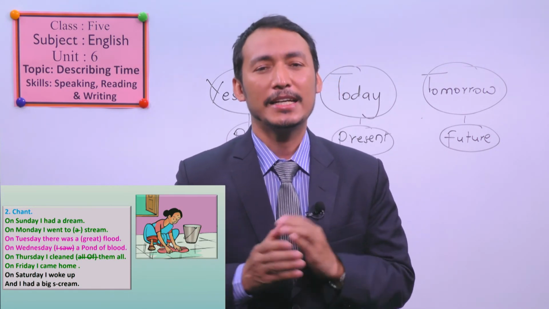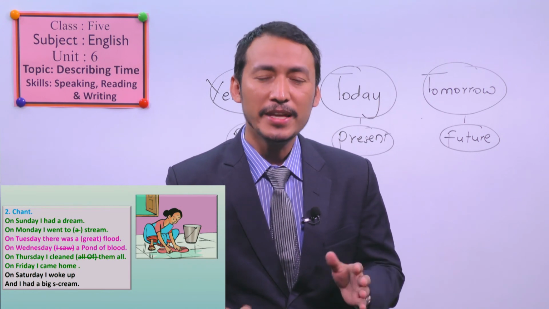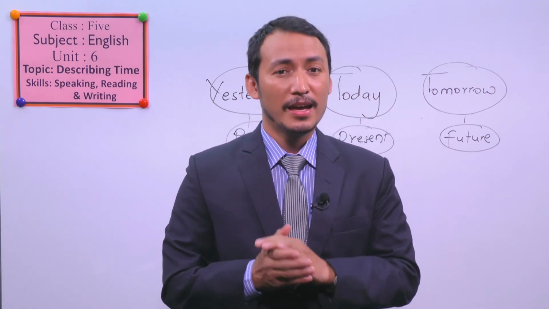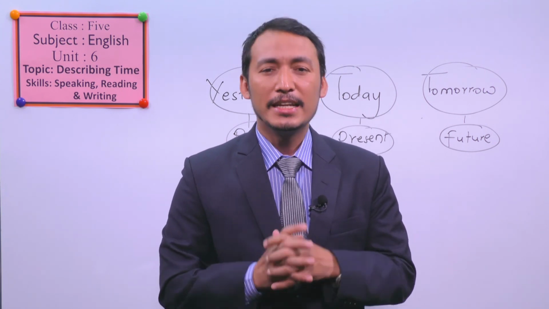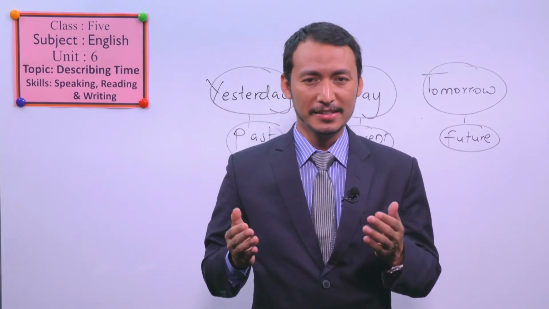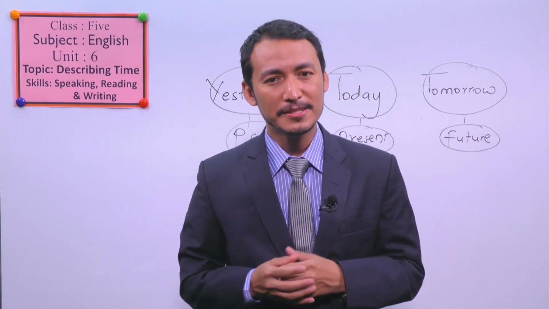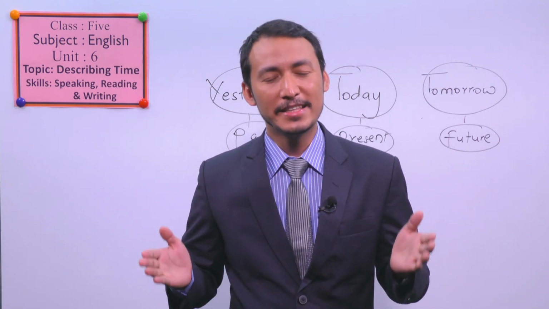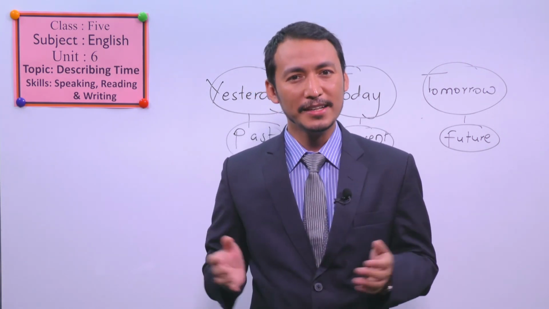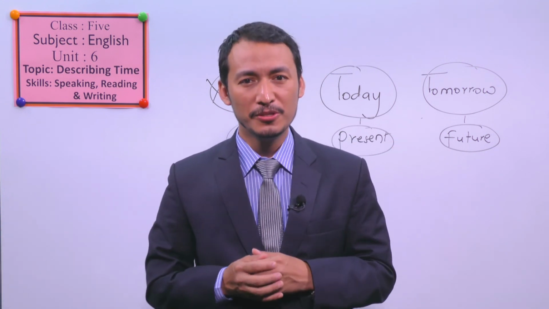Now let me explain some of the things that we have in this chant. What do you see here? What are the names of the days in a week? And how many days are there in a week? Do you know, students? Yes, there are 7 days in a week. What are the names of those days?